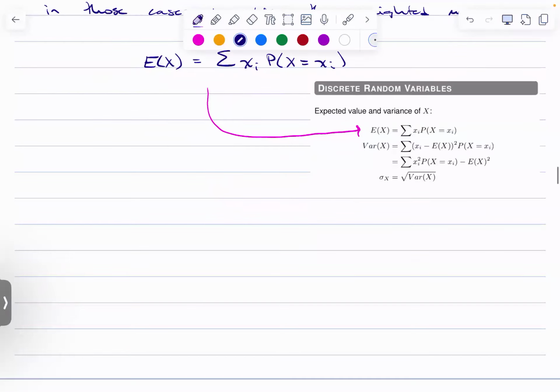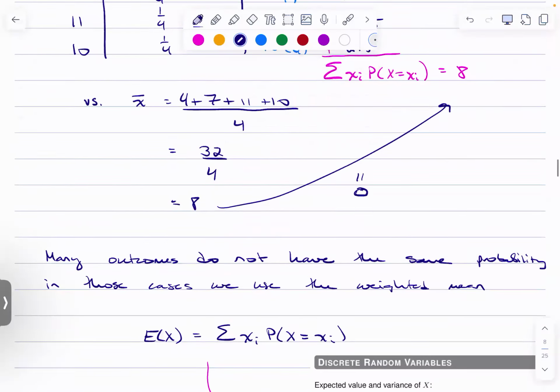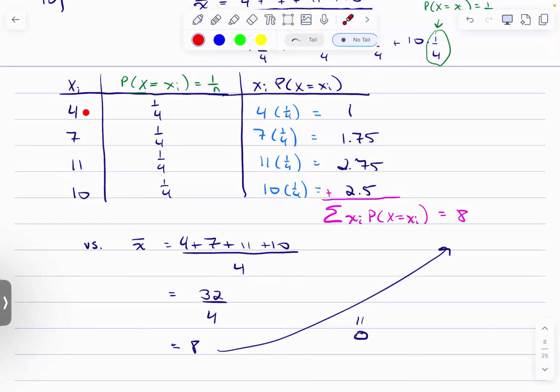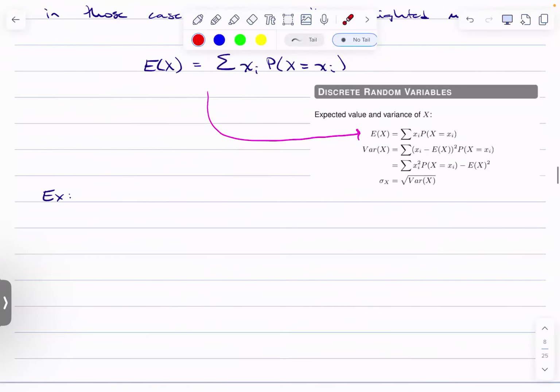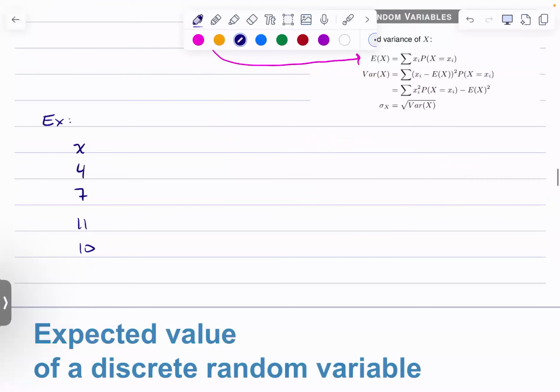So, as an example, what if we have these same values 4, 7, 11, and 10? If these are all the possible outcomes, what's one of the things that I need to keep in mind?